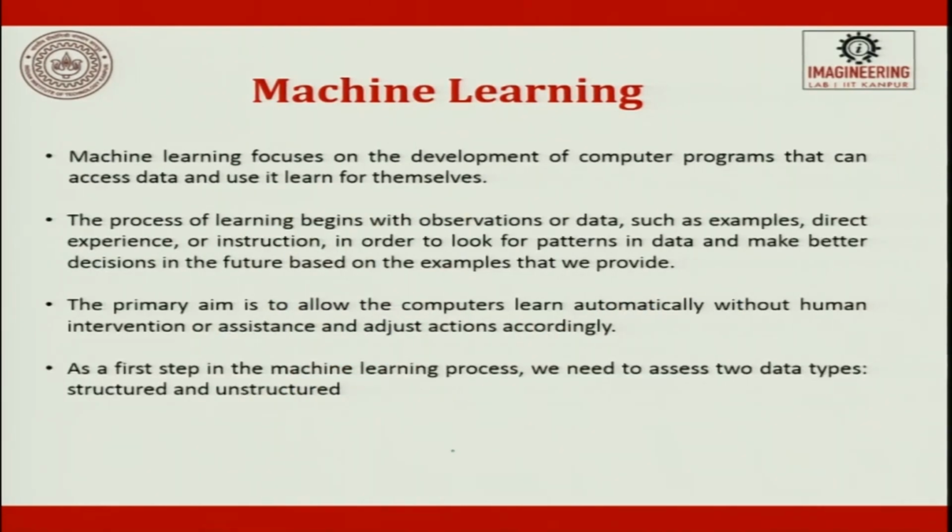So, machine learning focuses on the development of computer programs that can assess data and learn for themselves. The process of learning begins with observation or data such as examples, direct experience or instructions, in order to look for patterns in data and make better decisions in the future based on the examples that we provide.